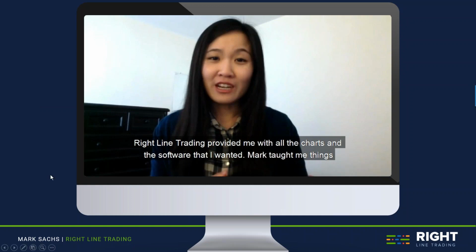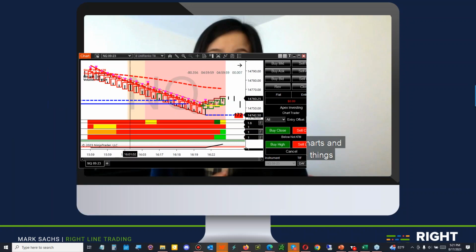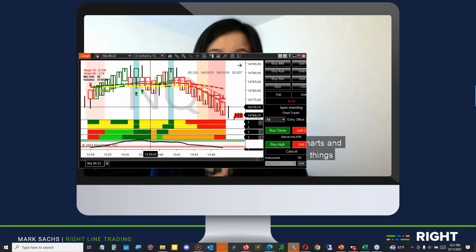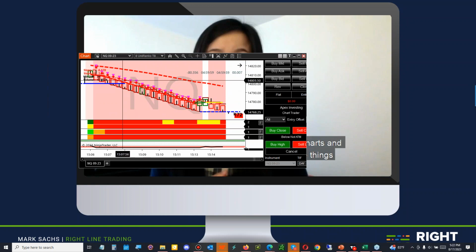And he said to her like this. This is what I would say to her: when you get this stair-stepping line going down, you have a red outline, you have everything below here red, and you have your acceleration dots, you take the trade.